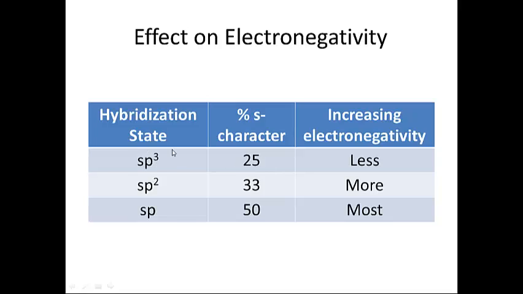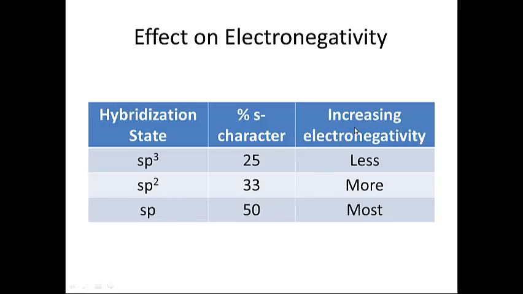So an sp3 hybridized carbon is 25% s character. Then for an sp2 hybridized carbon, if all three had to add to 100, one part of that would be 33%. So an sp2 hybridized carbon would be 33% s, and then the sp would be 50% s.